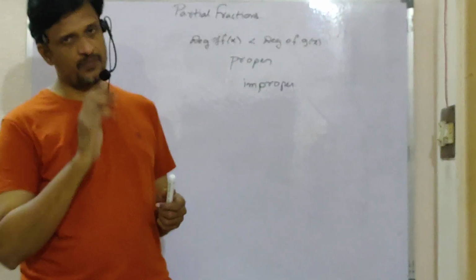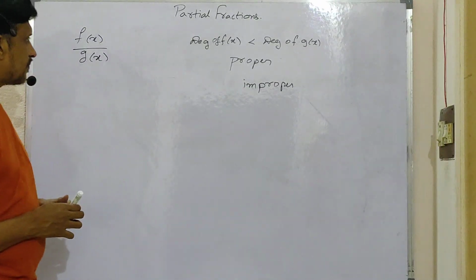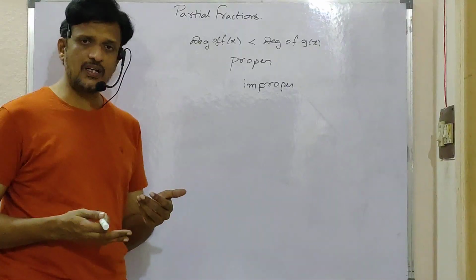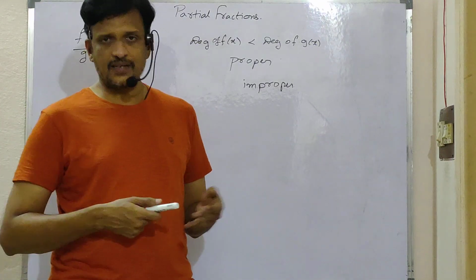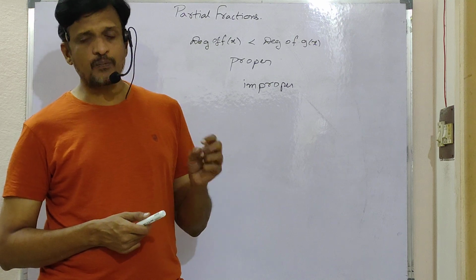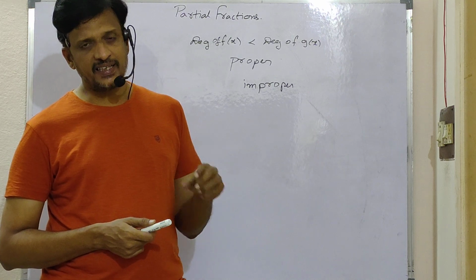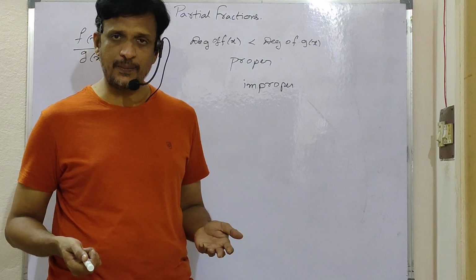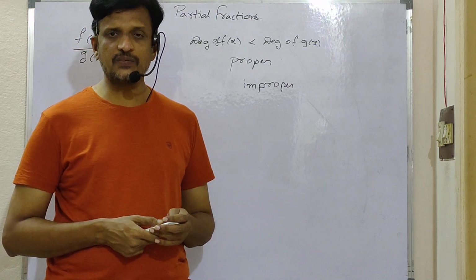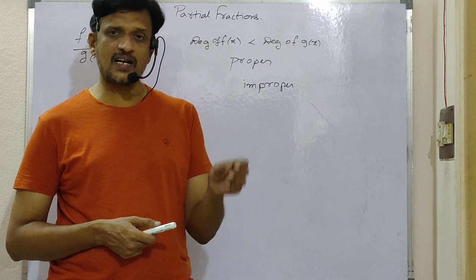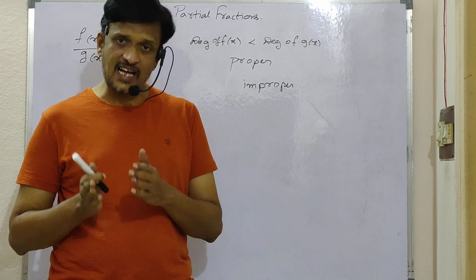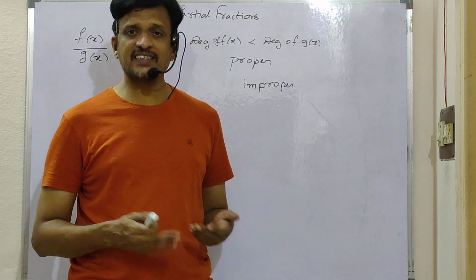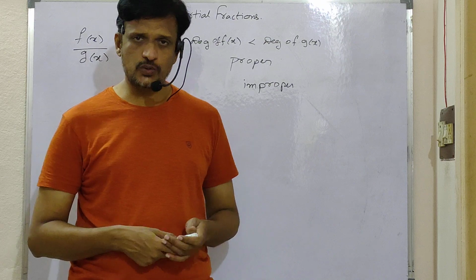For example, if a quadratic expression can be written as a product of two factors, then it is called reducible. For example, x square minus 1 is reducible because we can write it as the product of x minus 1 and x plus 1. Otherwise, x square plus 1 is irreducible.